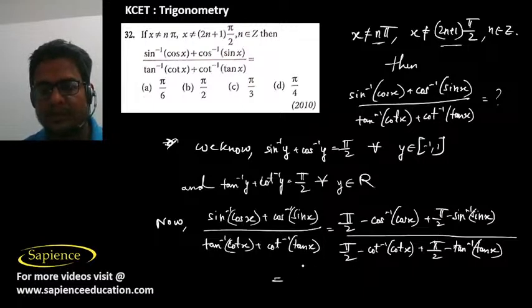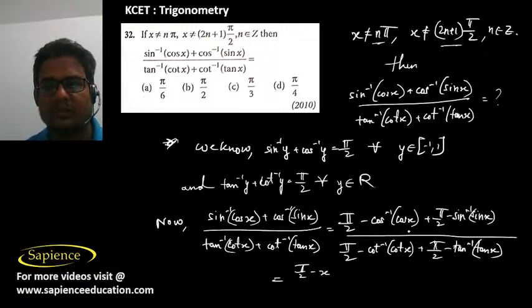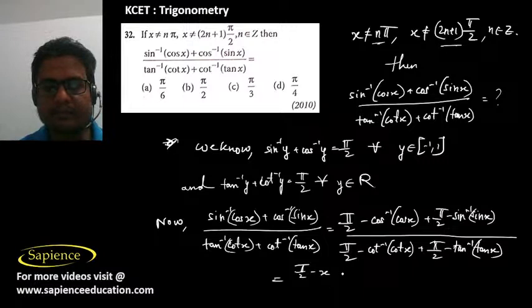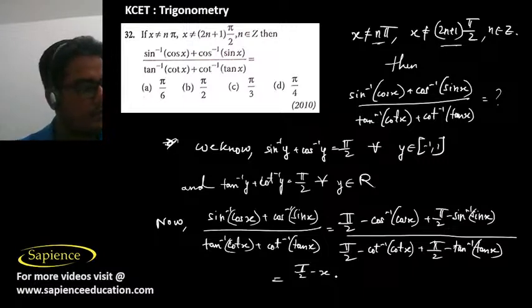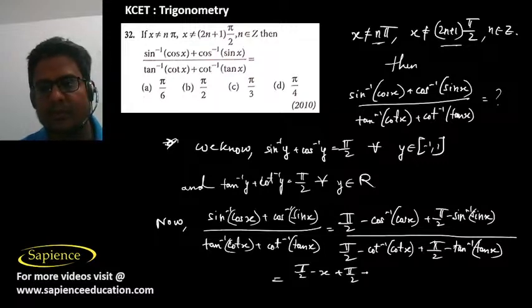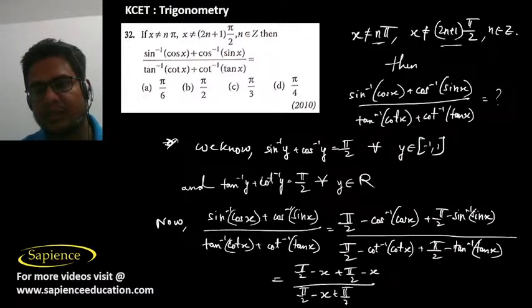So this will be equal to pi by 2 minus x, since cos inverse cos x will be x, plus pi by 2 minus x, divided by pi by 2 minus x plus pi by 2 minus x.